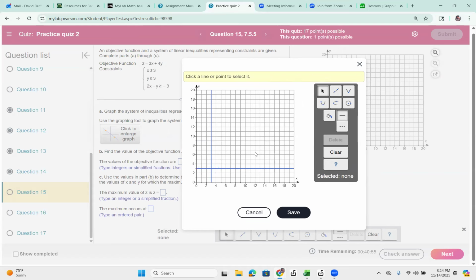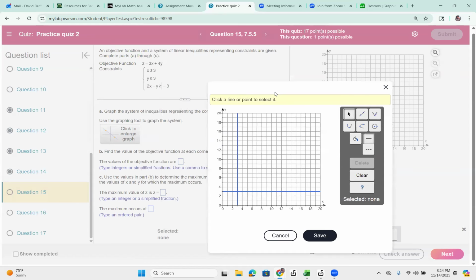Now, the third line is not in slope-intercept form. So we need to put that in slope-intercept form. We're not using that test point strategy. That gets nightmarish, especially when you look at problems like this, right?